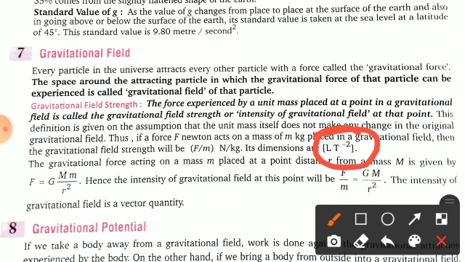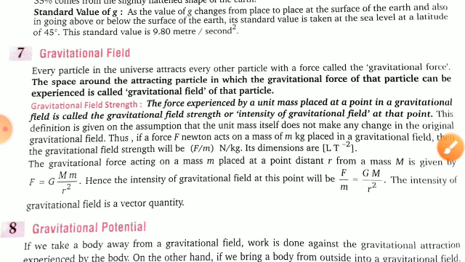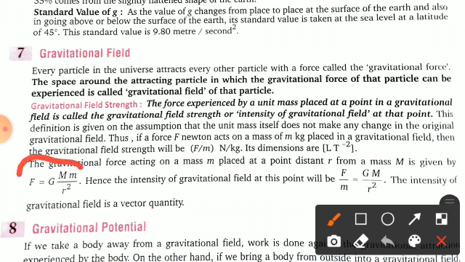The gravitational force acting on a mass small m which is placed at a point distance small r from a mass capital M is given by a formula you know very well, which we had already discussed in our 4 previous lectures. F equals G M m by r square, where M is the mass of the earth, small m is the mass of the other body and r is the distance between the two bodies.